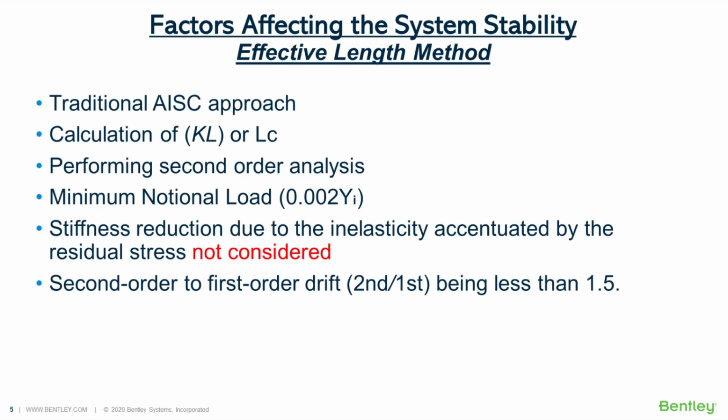Now, in AISC pre-2005, this method doesn't require the consideration of the notional load, but from 2005 onwards, AISC specifies using the minimum notional load. Please note that the reduction in stiffness due to the residual stress is not considered in this method. And this method is permitted to use only if the B2 factor, or the ratio of maximum drift due to the second order analysis to the first order analysis, is less than 1.5.